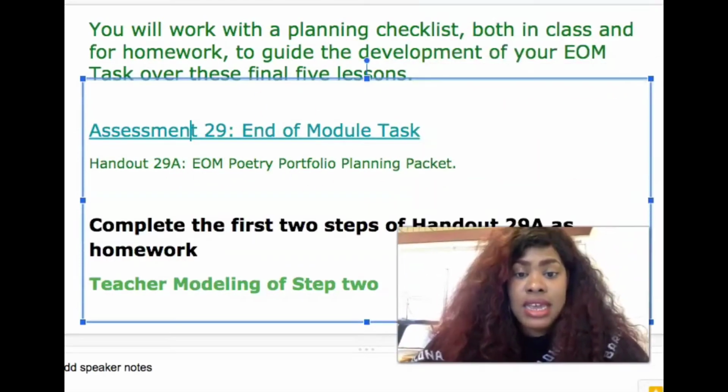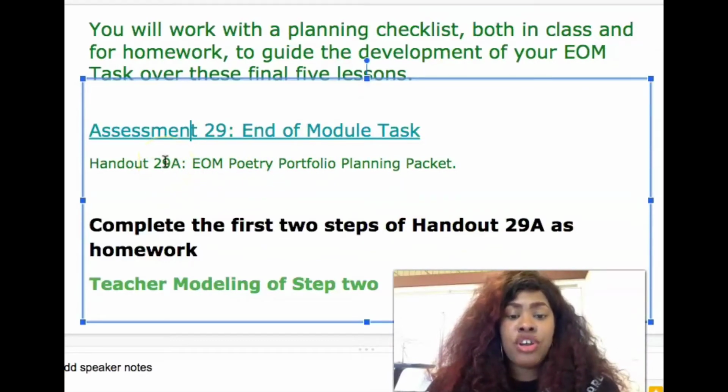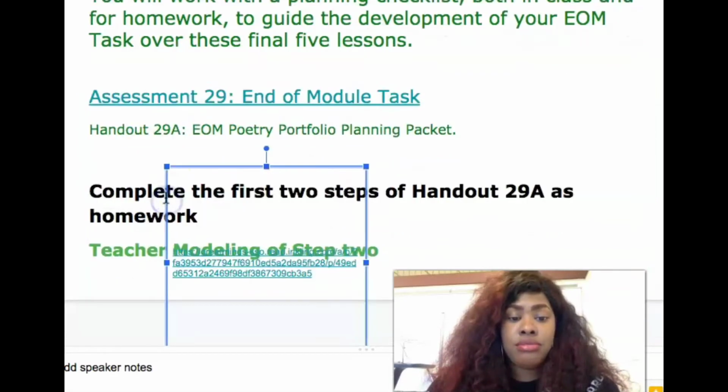In order to plan, we are going to be using a checklist. We're going to look at handout 29A as well, which is our end of module poetry planning packet.